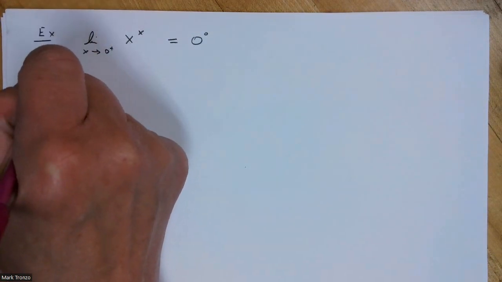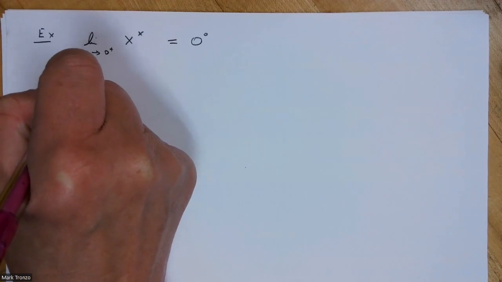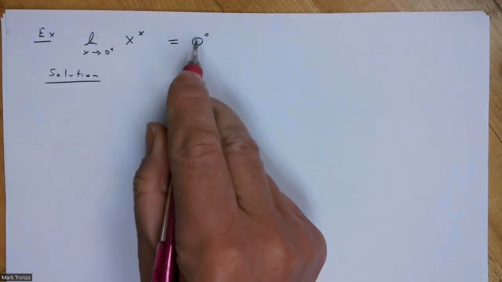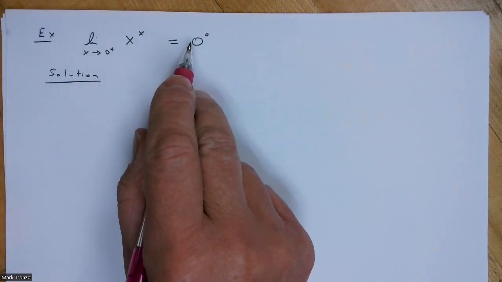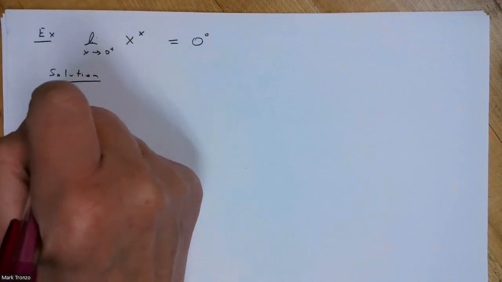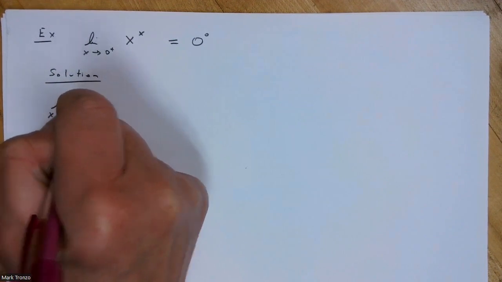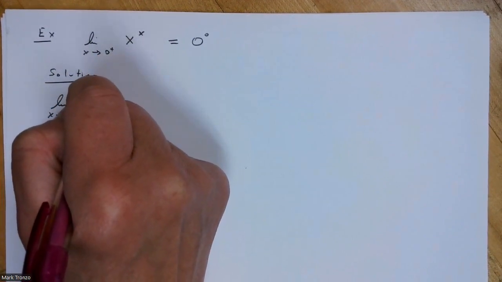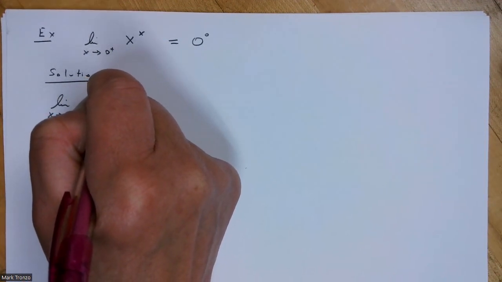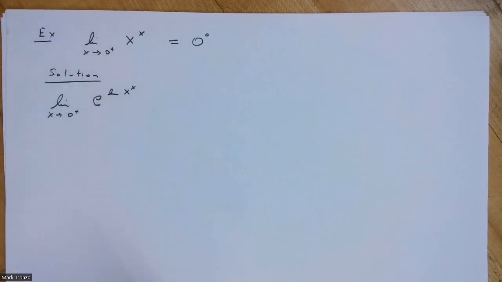So let's take a look at this. And so we have 0 to the 0. Now there's sort of a trick on something like this. We can rewrite this as e to the log of x to the x.